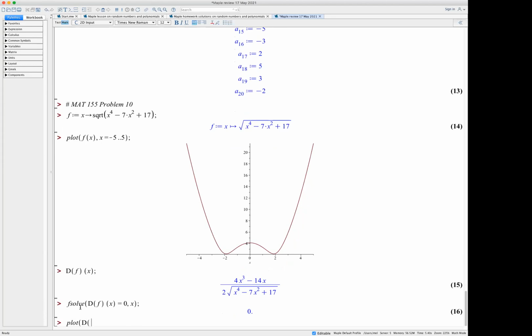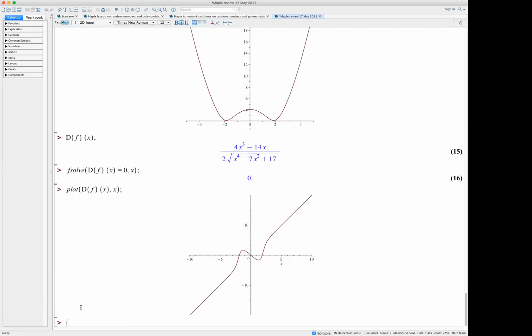Suppose we plot the derivative of f of x. It looks like there are 3 solutions. One of them is 0, but there are 2 others. So one of them is positive. So we could say, okay, let's look for a solution maybe between 1 and 5.